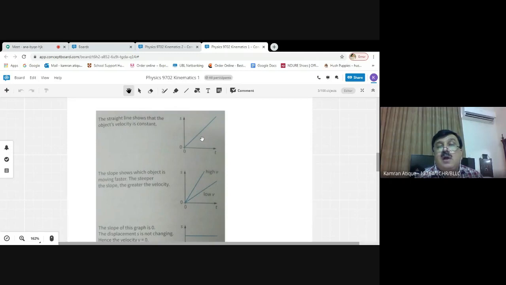So I have also plotted another graph here. This graph is about a moving object A and a moving object B. These are the two graphs, moving object A and moving object B. Both graphs are covering equal distances in equal intervals of time, because both are straight lines passing through the origin.